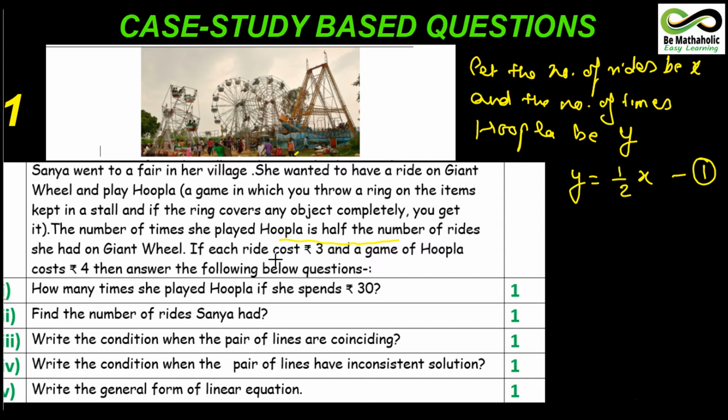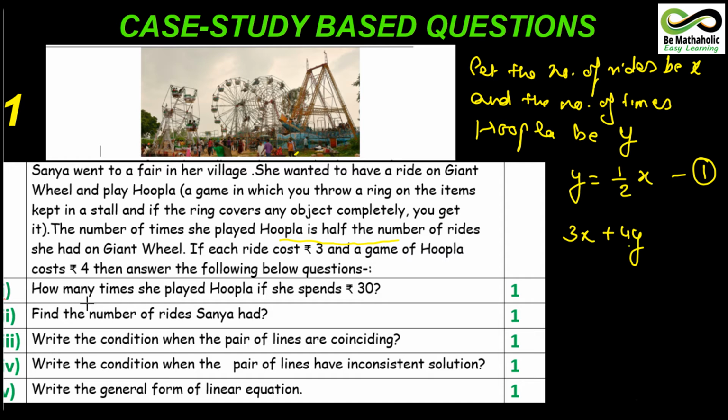The second one, each ride costs ₹3 and a game of hoopla costs ₹4. So if she is taking x number of rides, then she will be paying 3x rupees. If the cost is 4 for the game hoopla, and if she is playing it y number of times, then the amount she paid is 4 times y.